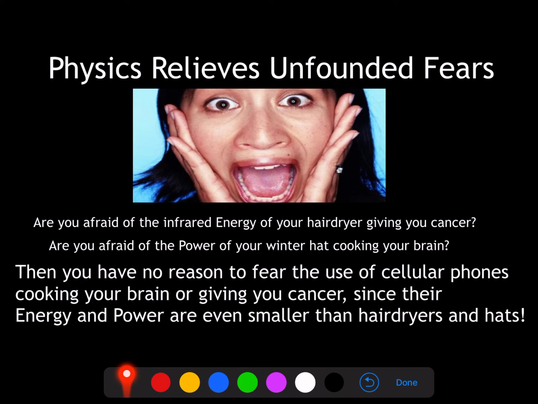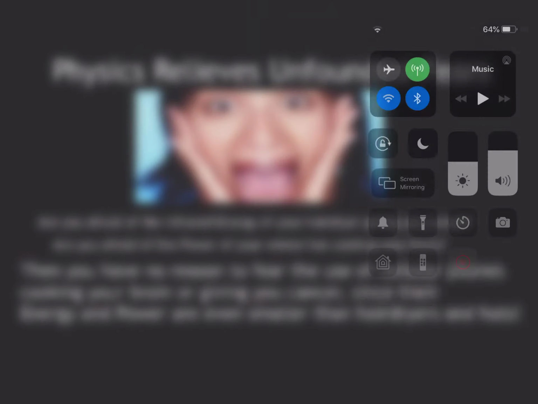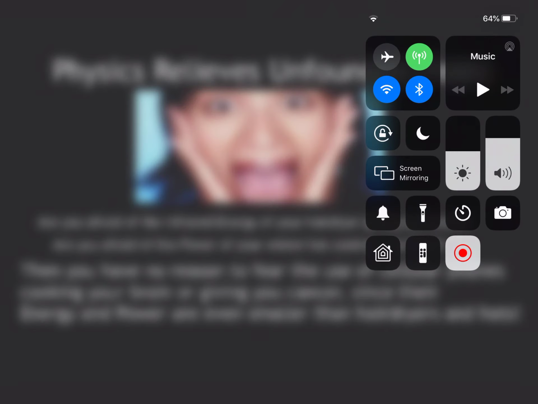So unless you're worried about cooking your brain when you wear a hat, or unless you're worried about the infrared radiation of your hairdryer potentially being carcinogenic, then there isn't really a reason to worry about cell phones being hazardous to your health. And that's my little public service announcement to unfounded fears that are not based upon science.